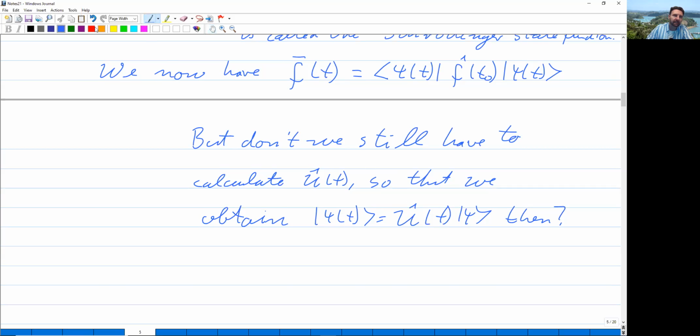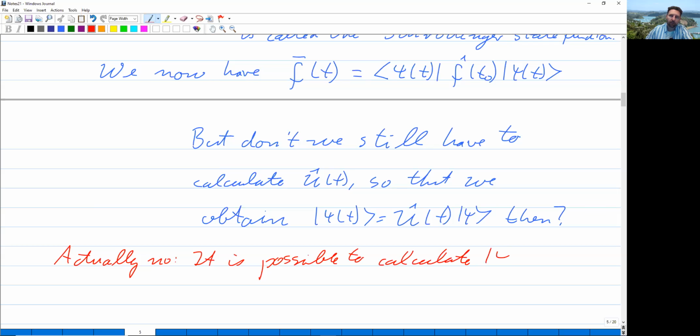And amazingly, this is possible. It is possible to calculate psi of t without calculating u hat of t.